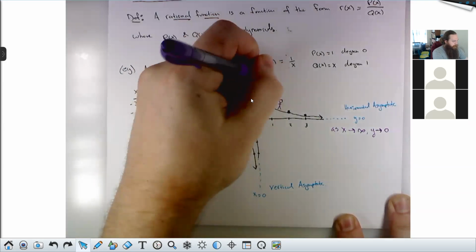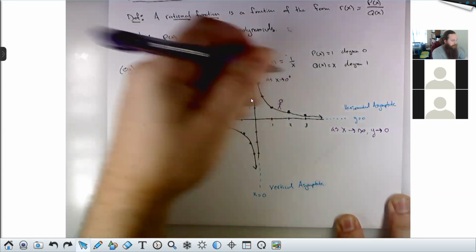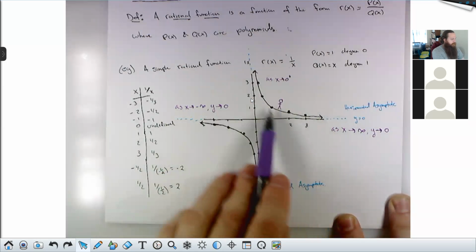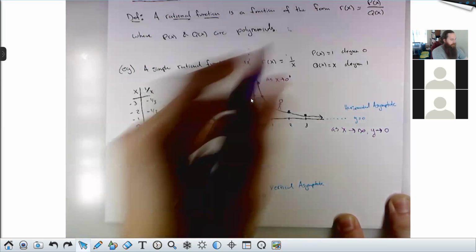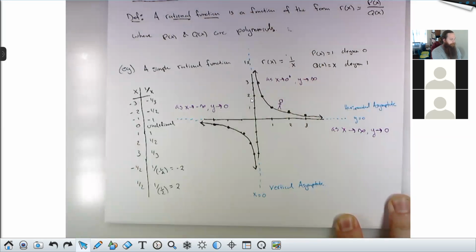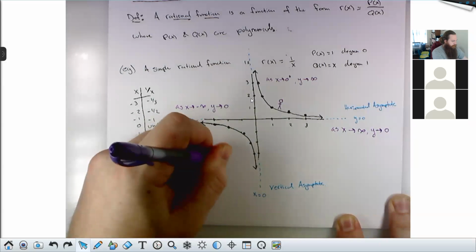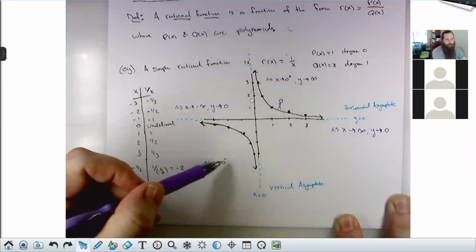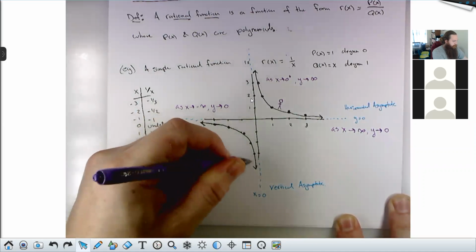So the way we describe that is as x goes to 0 plus. That means from the right. So we'd say as x goes to 0 from the right, my y values are shooting up towards infinity. So we'd say y goes to infinity. And over here, we would say as x goes to 0 from the left, with a minus superscript, y goes to negative infinity.